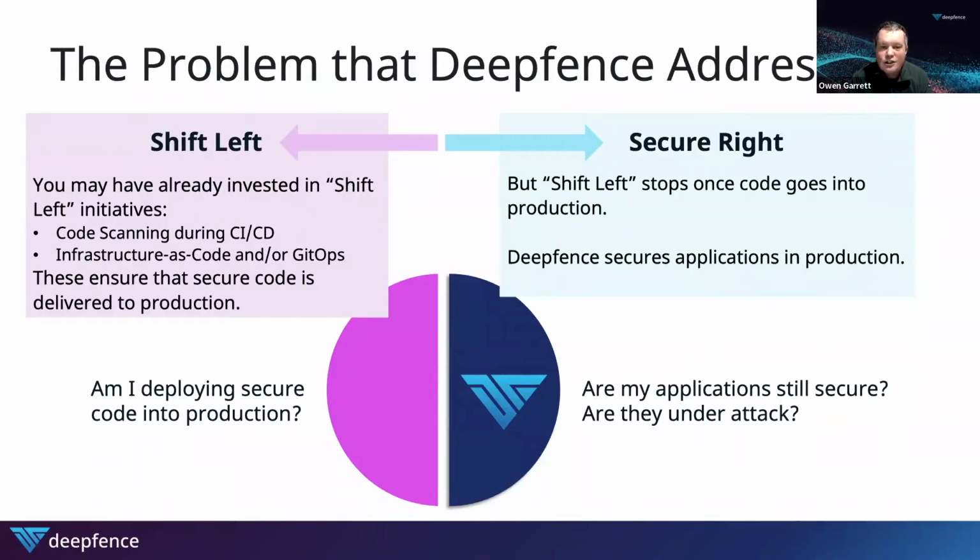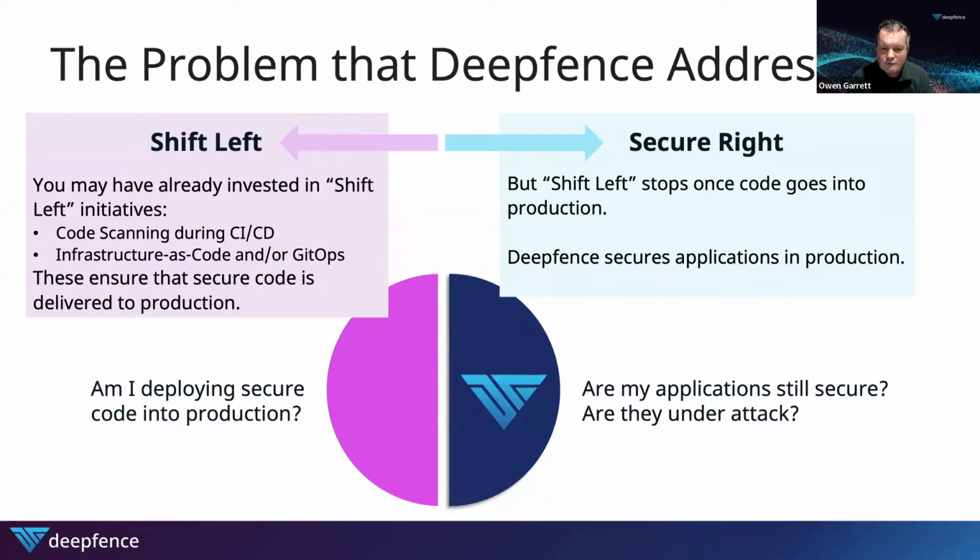Many organizations have invested very heavily in shift-left initiatives. They're using CI/CD processes and scanning inside CI/CD to ensure that only secure code, free of vulnerabilities, finds its way into production. Automating processes, running infrastructure as code or GitOps processes to help make reproducible, safe, auditable processes.